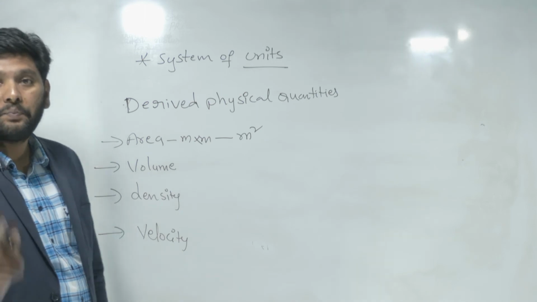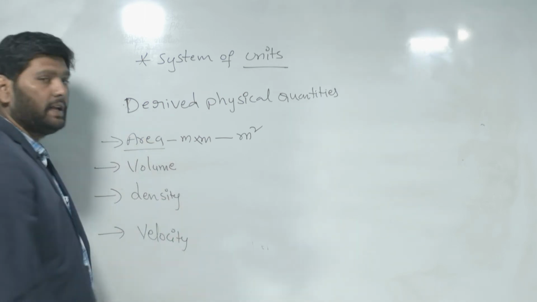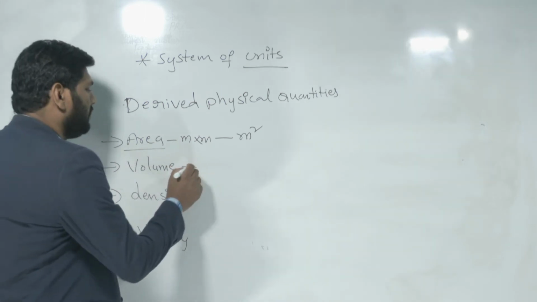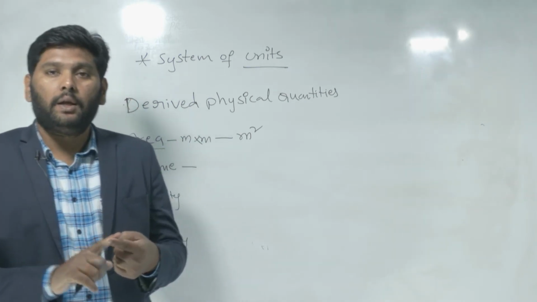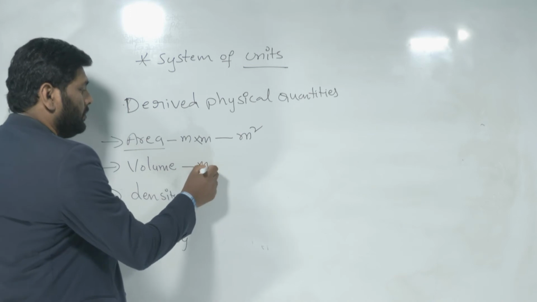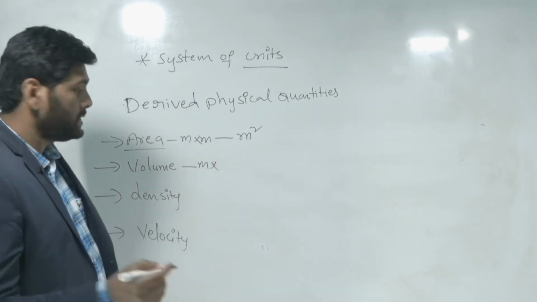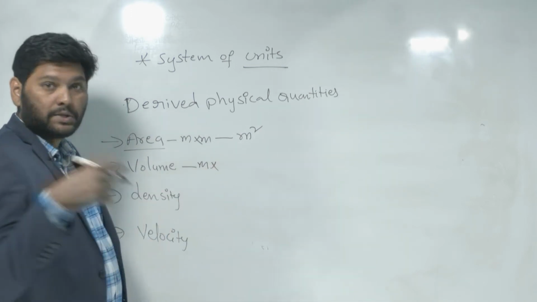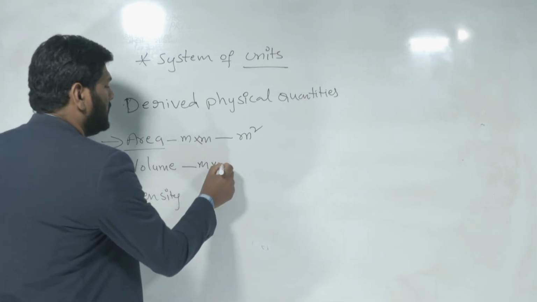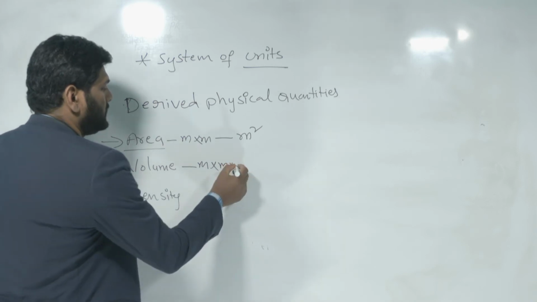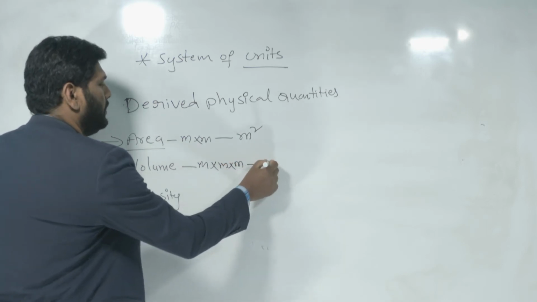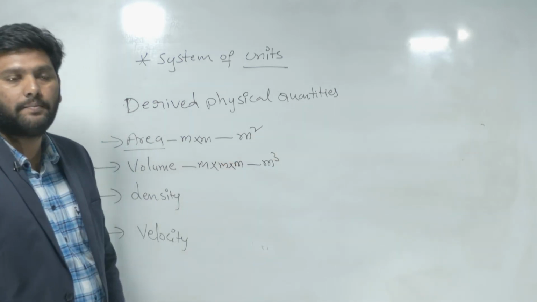Meter square is the SI unit of area. Coming to volume: length into breadth into height. Length is distance, breadth units are meter only, and height you will also measure in meters. Totally meter cube is the SI unit.